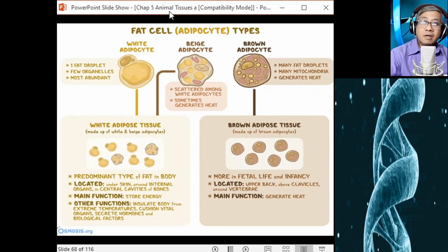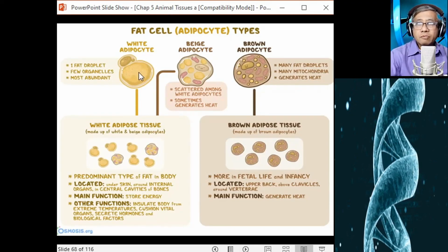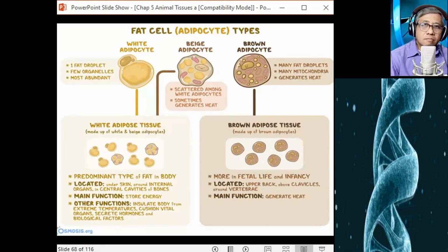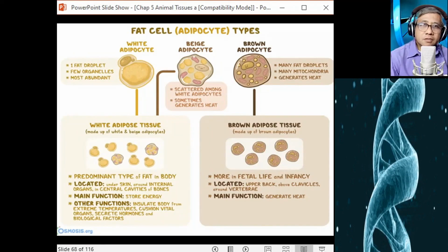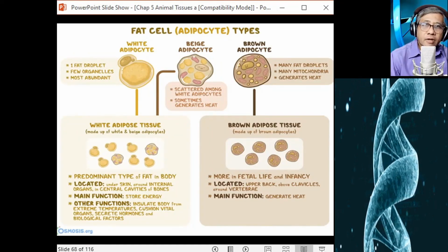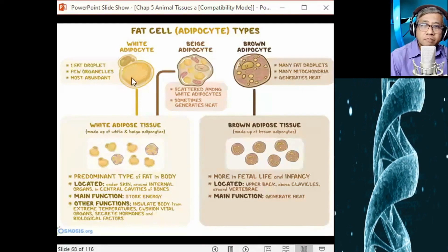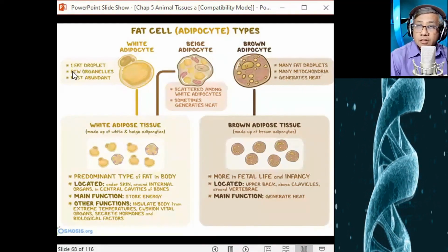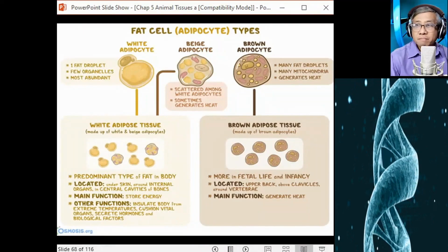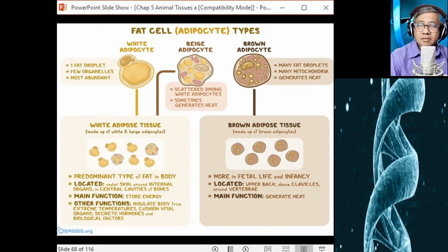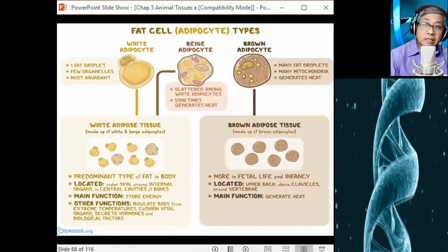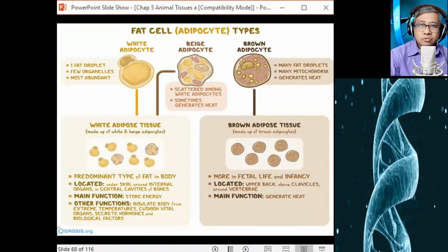They have different functions. For the white adipocyte, in terms of its appearance, the fat globule or fat droplet that is stored is large. There are few organelles because there is more fat droplet than organelles. And they are the most abundant type of adipocyte in this type of tissue.